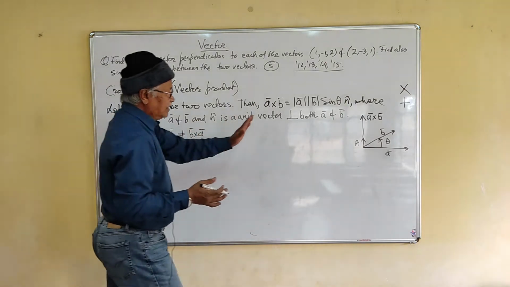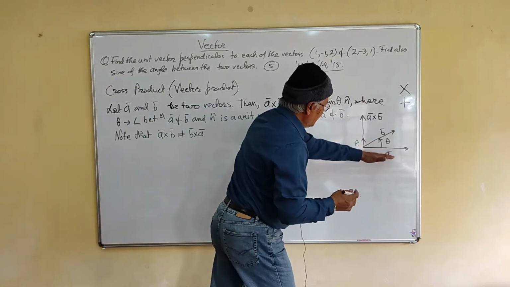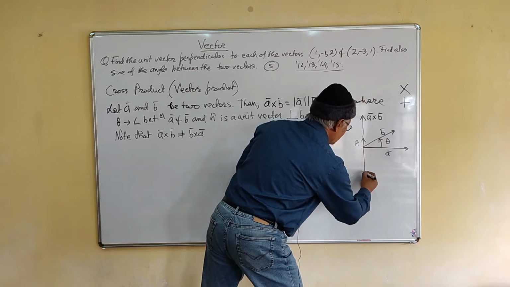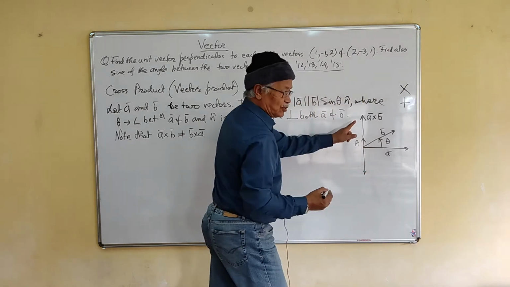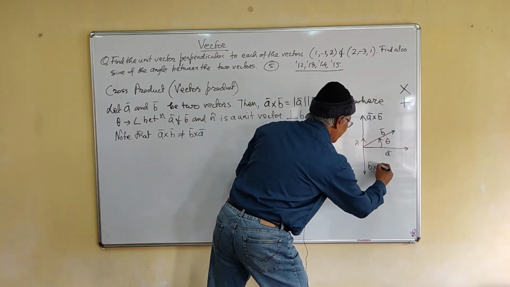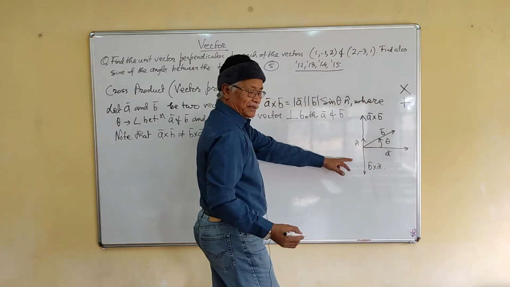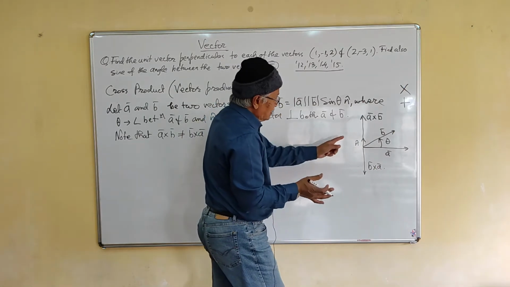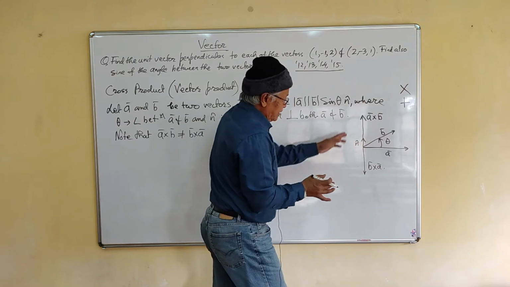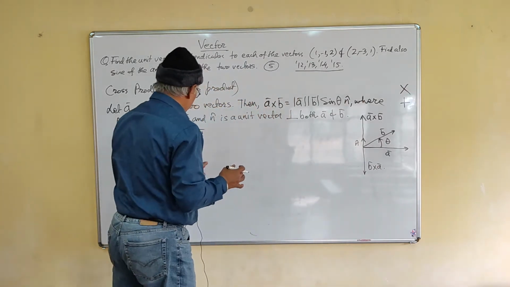B cross A will be a vector opposite in direction to A cross B. This will be your B cross A. So they are not equal. Of course, they are equal in magnitude, but not in direction. They are directly opposite to each other.